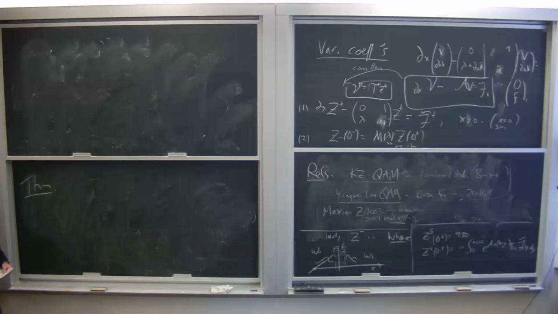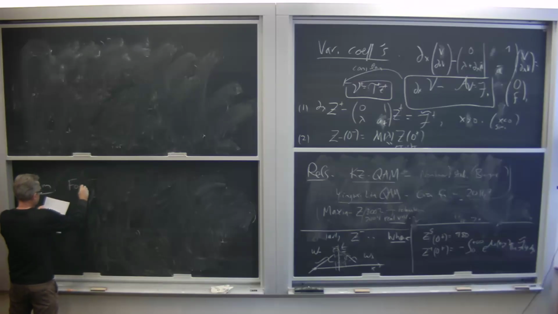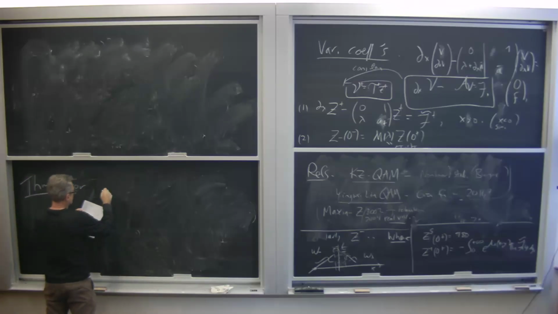Okay, so I've only given some sketches of the key elements here, but here's the theorem that we get in the end. And I will say a few more things about how they come together.